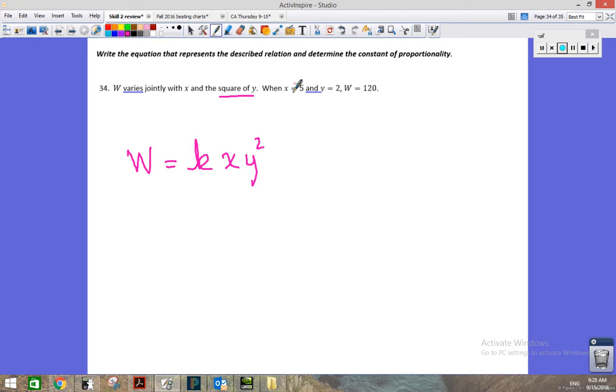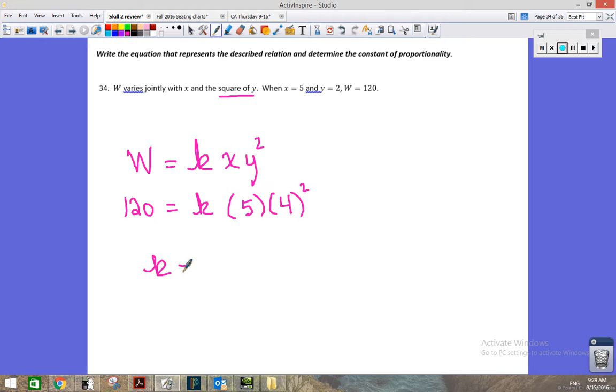So there's my initial equation. As w and x and y change, the k is always going to remain constant. So they give me enough information now to determine what k is. They say that w is 120, that x is 5, and that y is 4.